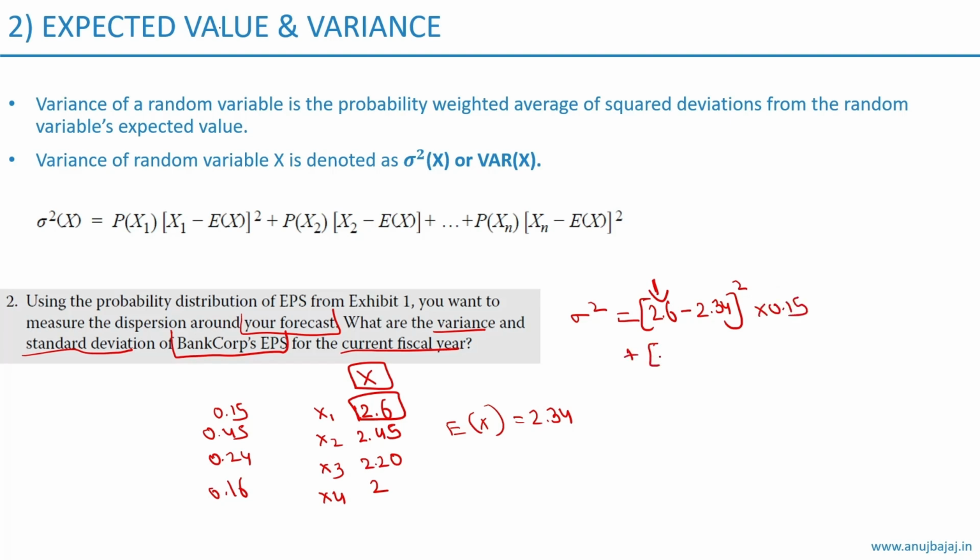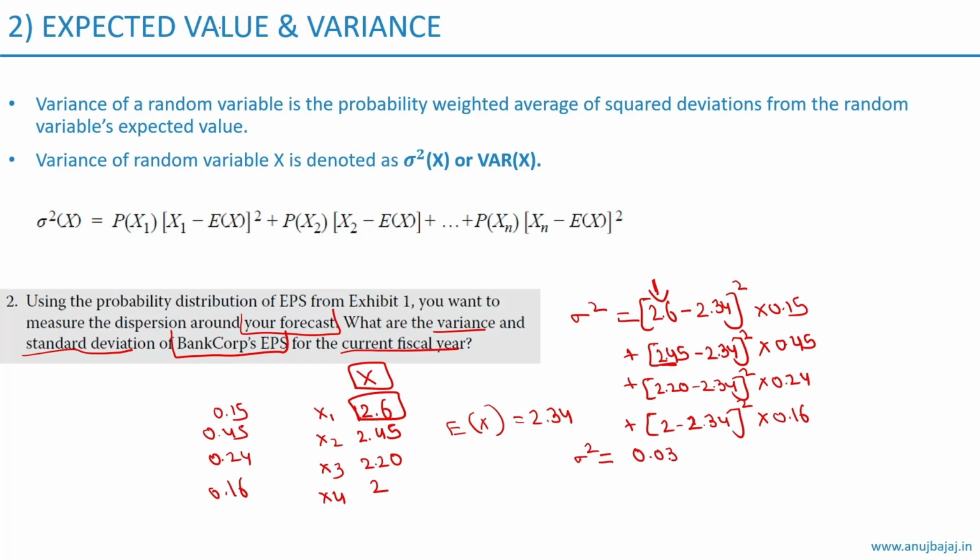Then we take the squared deviation from the second outcome, which is 2.45 minus 2.34 squared, multiplied by 45%, plus 2.20 minus 2.34 squared, multiplied by 24%, plus 2 minus 2.34 squared, multiplied by 16%. So we get the variance to be 0.038785 US dollars squared.